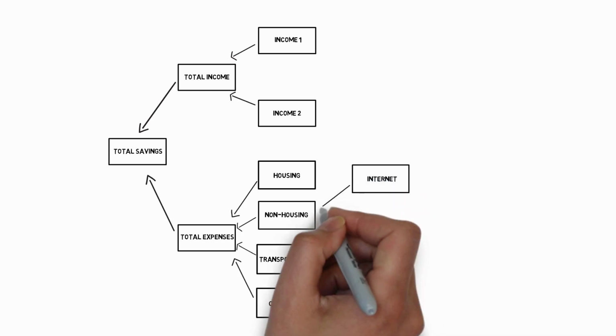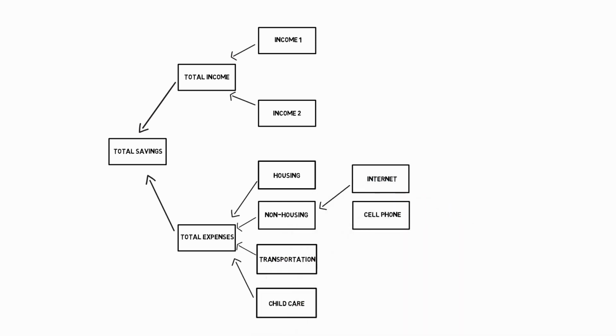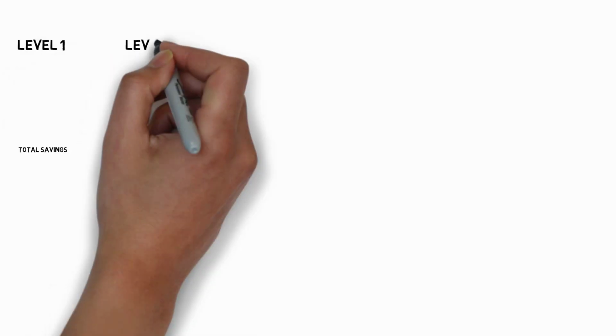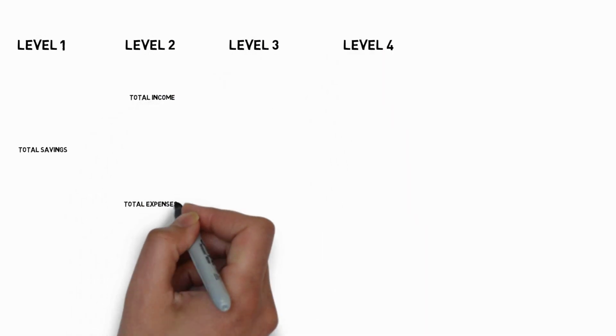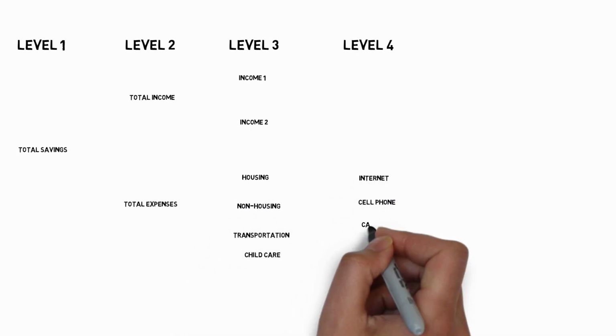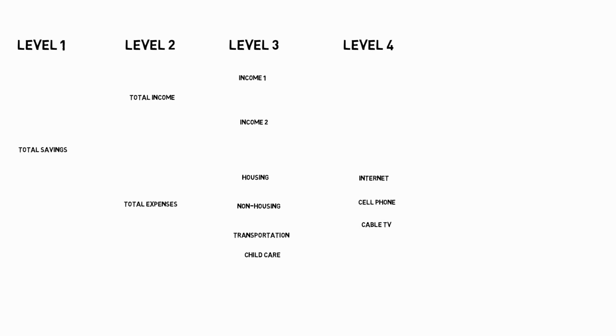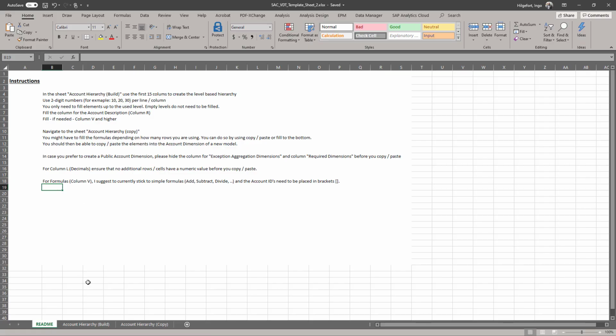So for example, the non-housing also into internet, cell phones, and cable TV. So this would then result in 4 different levels of nodes. So as shown here, we now have 4 different levels that we can actually establish as part of our value driver tree. So how would this look in the template?